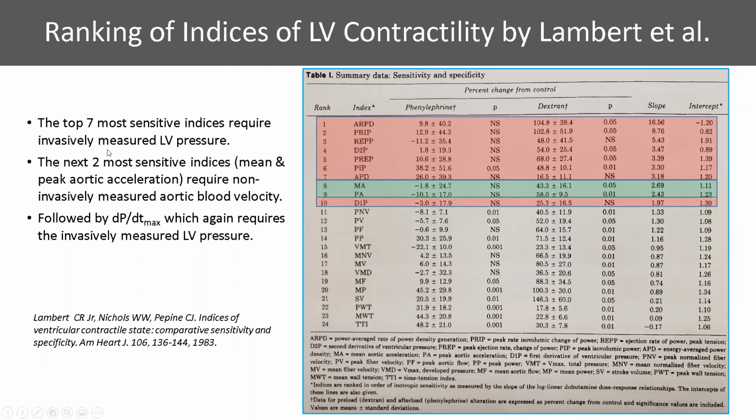All of these require invasively measured LV pressure. So we are not going to go there. So we'll skip those. The immediate next ones are the non-invasive ones, starting with mean acceleration and peak acceleration. And then followed by the dP/dt max, which is, according to them, less sensitive than the non-invasive indices.